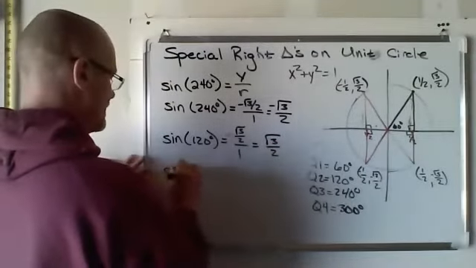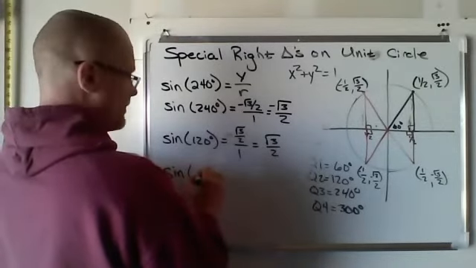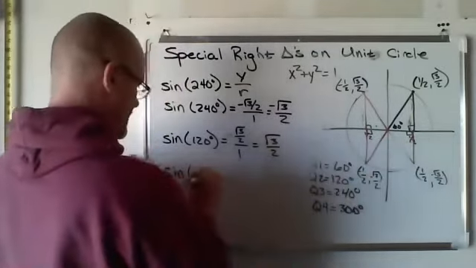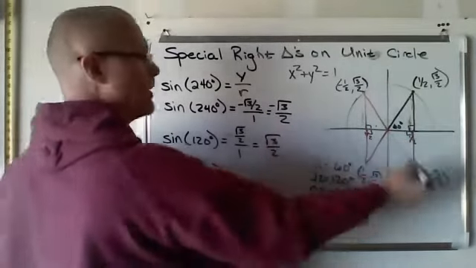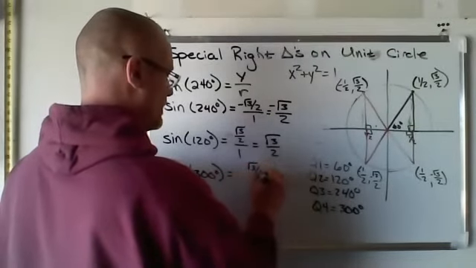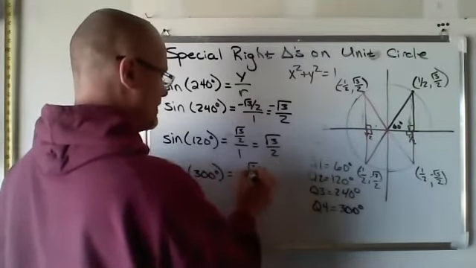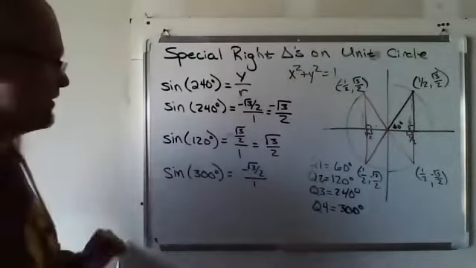And then lastly, the sine of the quadrant 4 angle, 300 degrees, is going to be the y coordinate, which I know is going to be some version of square root of 3 over 2. And because I'm in quadrant 4, that's going to be a negative y coordinate over the radius, which is 1. Notice the radius is always positive.